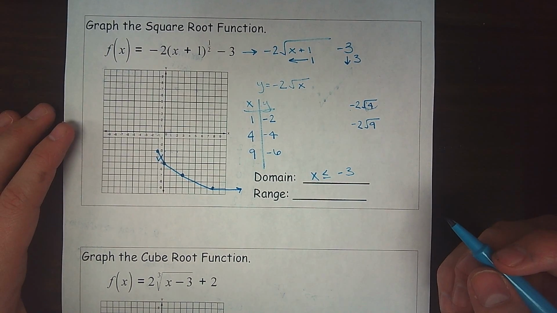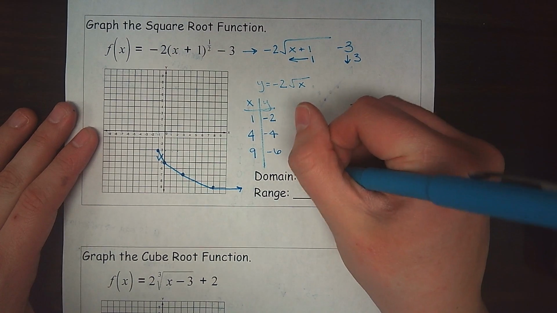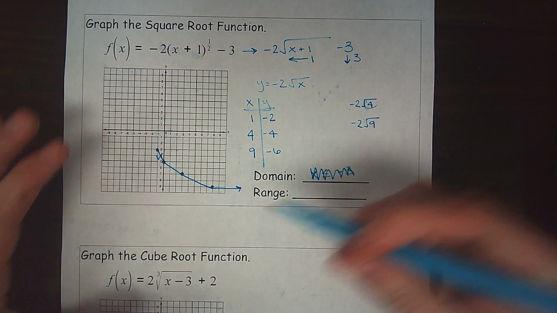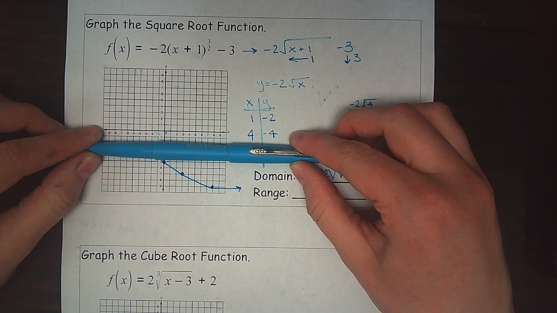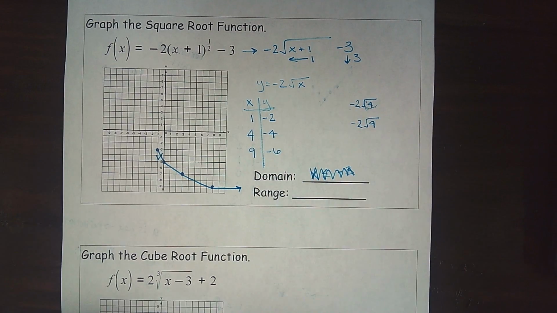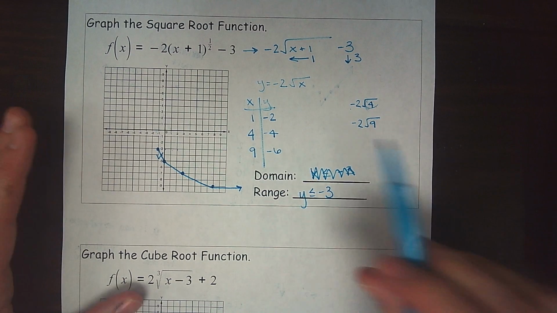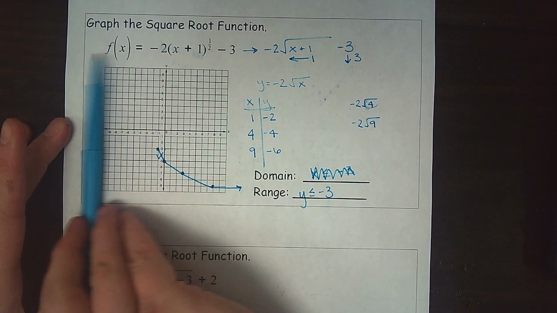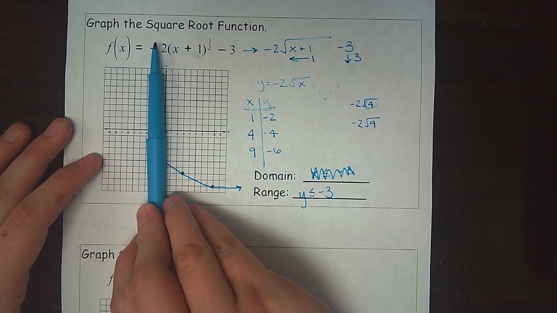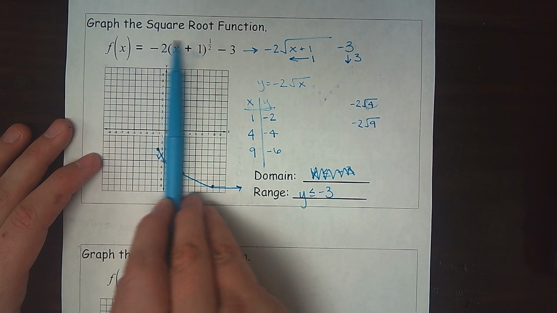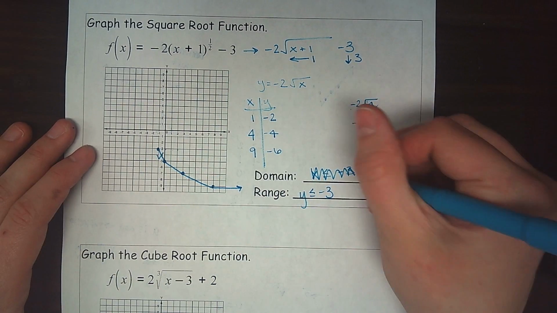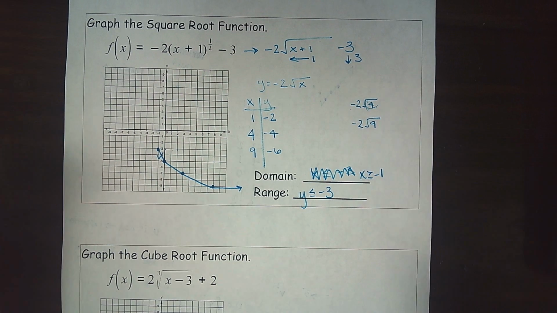Oh, crap. Man, that was my range. I blew that one, didn't I? All right, my y values, my highest y value I have is negative 3, and I want everything less than that. Sorry about that. My x values, though, my lowest x value I have is negative 1, and I want the ones that are bigger than negative 1. So that will be my domain.